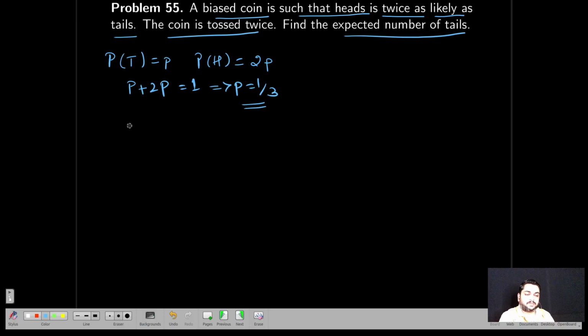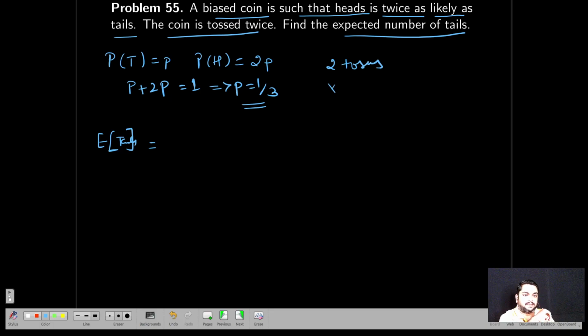Now to find the expected number of tails, you have to find E of t in 2 tosses. How will you find it? First you have to find the PMF for this, right? So how many tails are possible in two tosses?